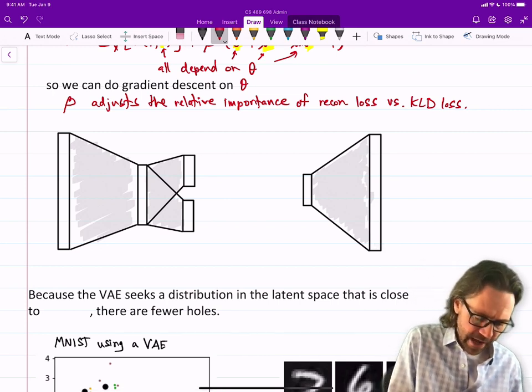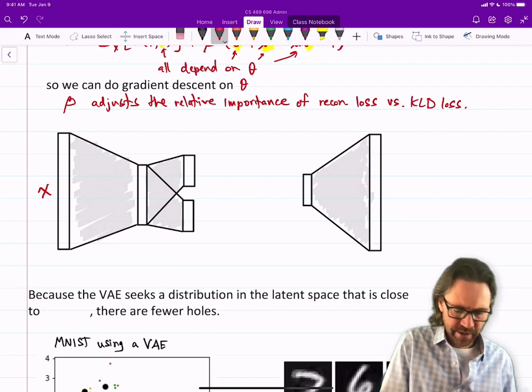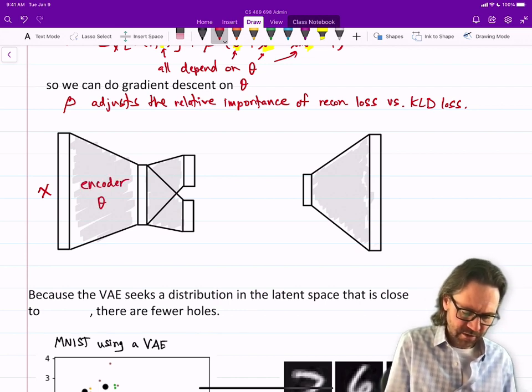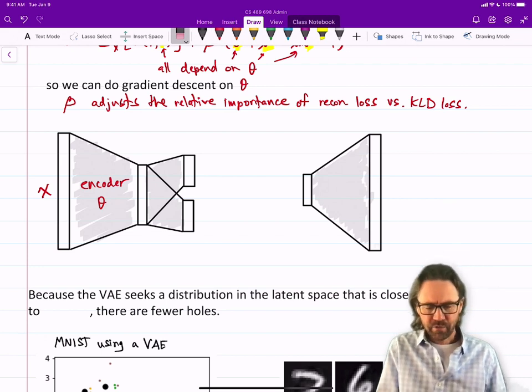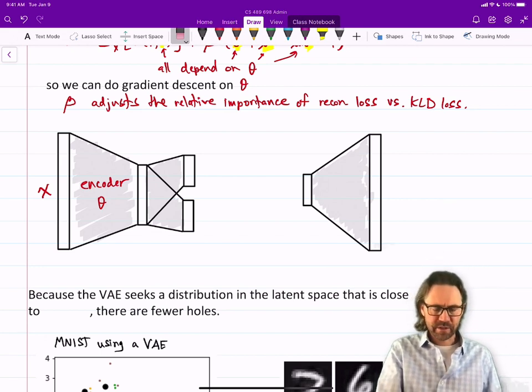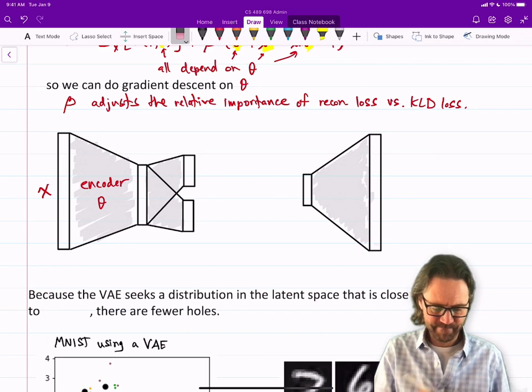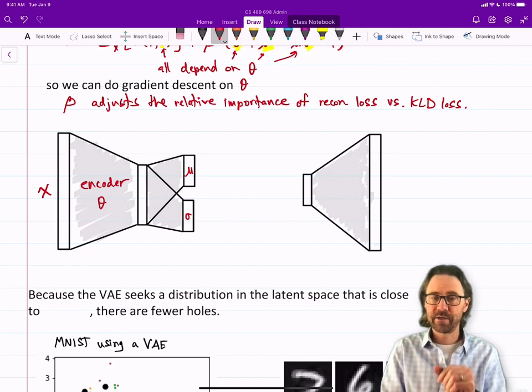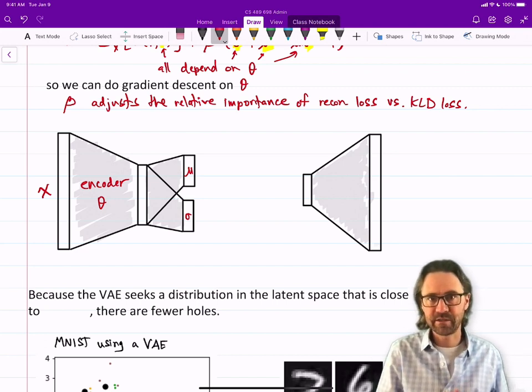We started with an X here, and you can see there's this encoder here, which depends on theta. I'm showing some sort of layer in between, but ultimately it's going to spit out a mu and a sigma. Two separate latent space things, I guess.